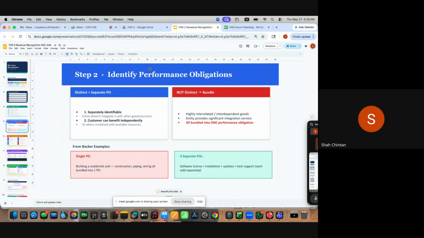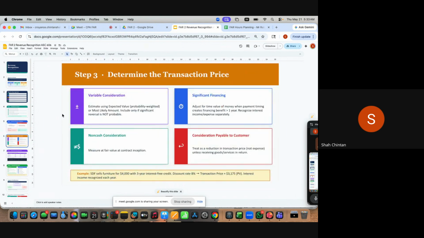Filing of the documents and punching them into a file. Not a key performance obligation, just admin services. So if a service can be identified separately and the customer can benefit from it separately, then it's a key performance obligation.